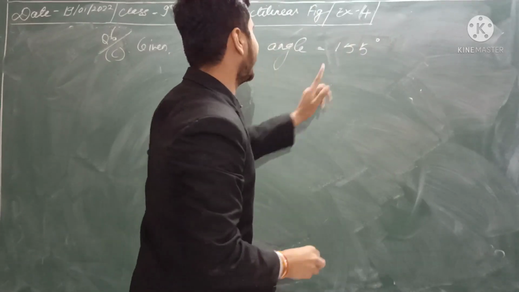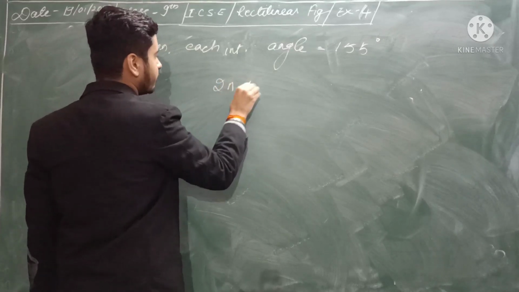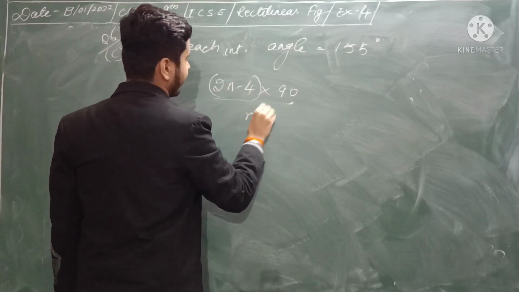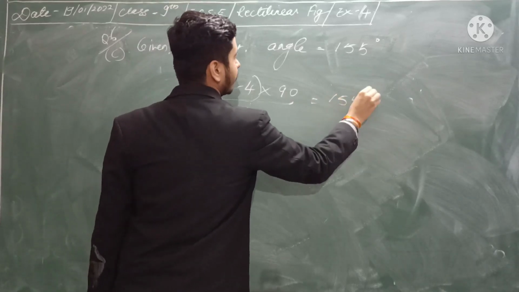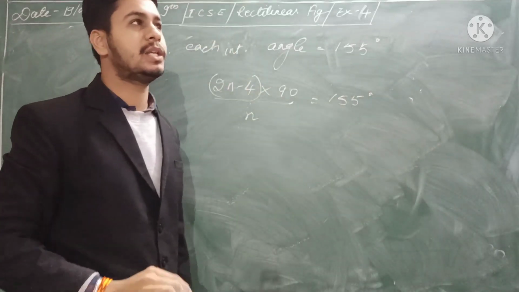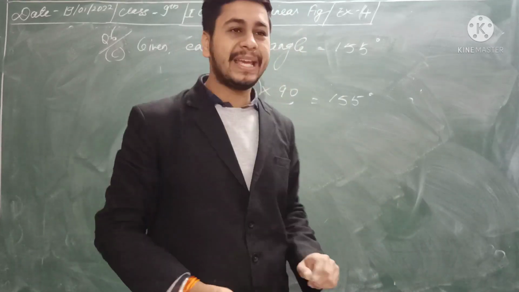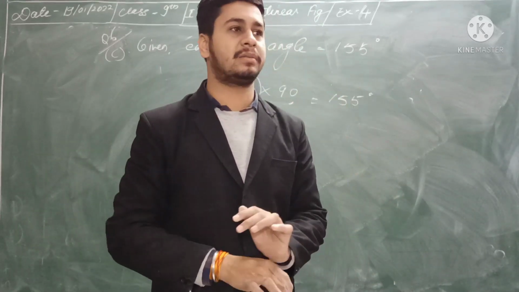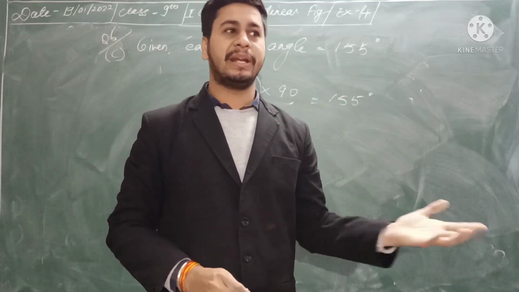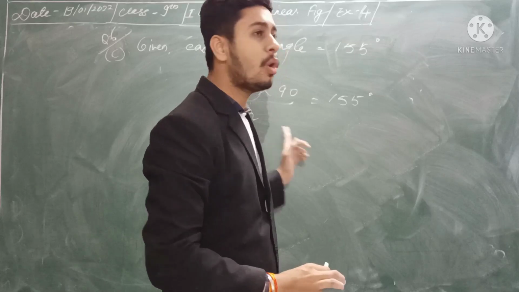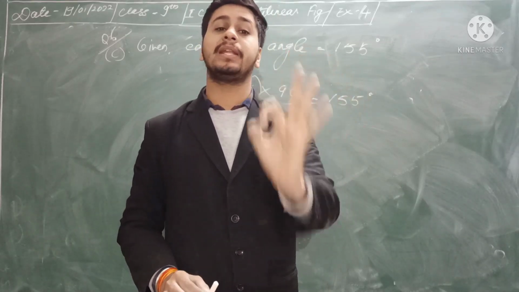We know the formula of each interior angle, which is (2n minus 4) times 90 whole upon n. One very important thing here: you know the meaning of this n. This n is nothing but the number of sides. So it is a very general thing to know that the value of n should be a natural number.